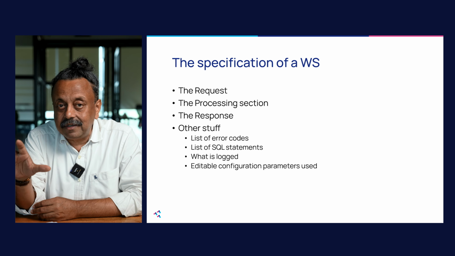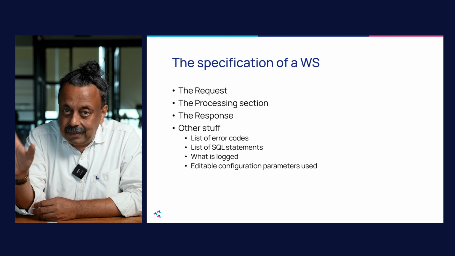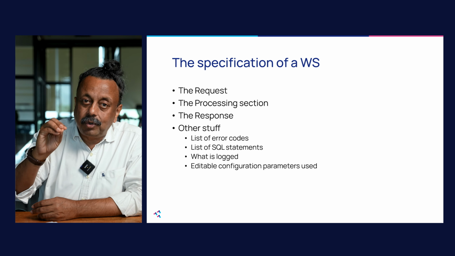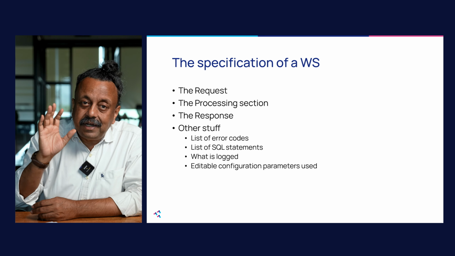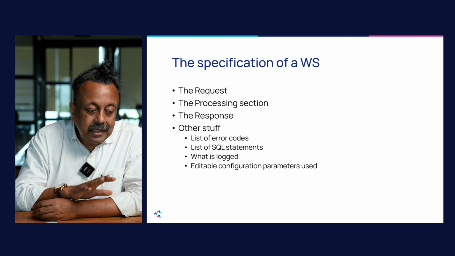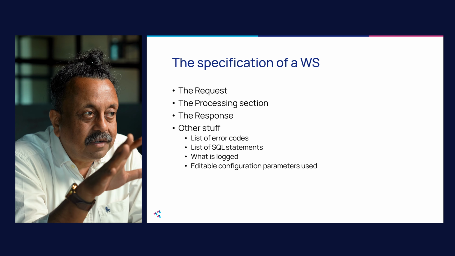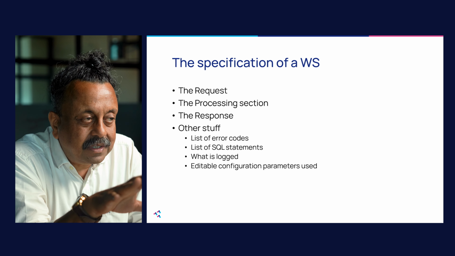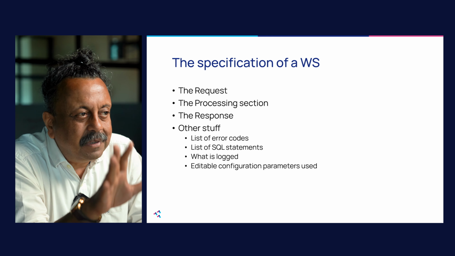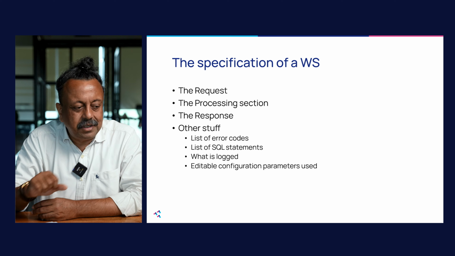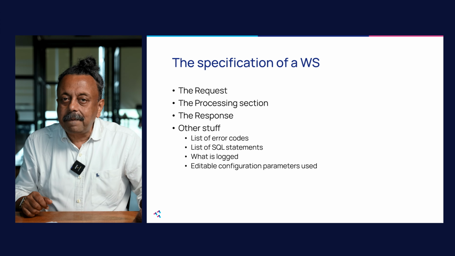We've specified the list of SQL statements that this web service will use. We specify some things about what is logged. Logging is a very important part of the life cycle of a web service, and we also specify editable configuration parameters. Editable configuration parameters are an important dimension of the business applications we develop. We'll talk about them in due course a little.